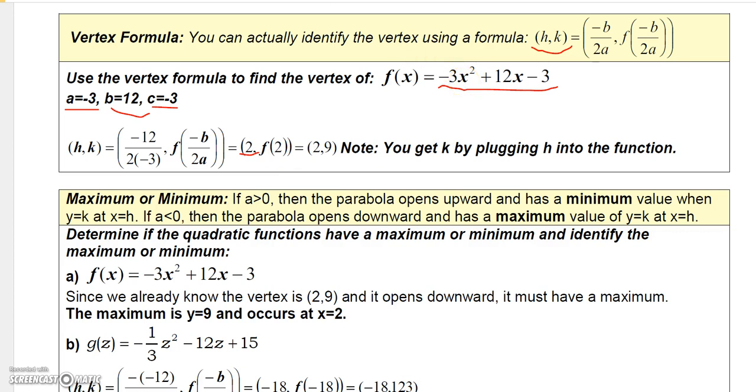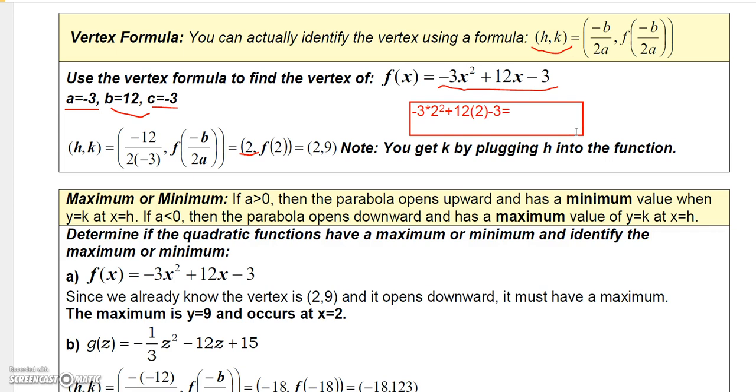And that's actually pretty easy to do, because if you plug 2 back into that function, you get negative 3 times 2 squared plus 12 times 2 and then minus 3.